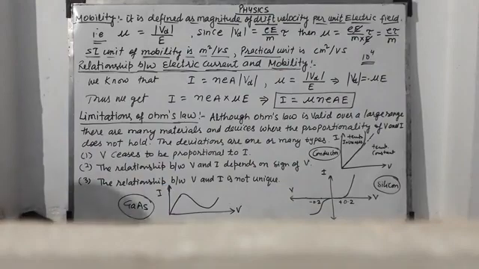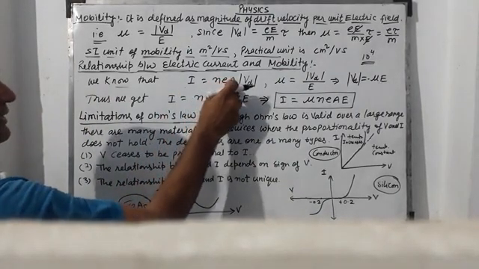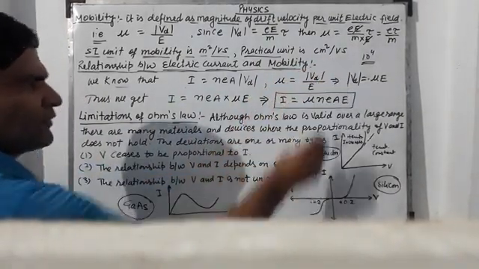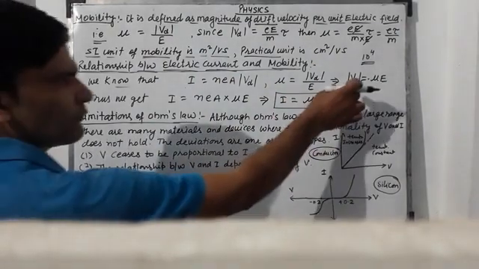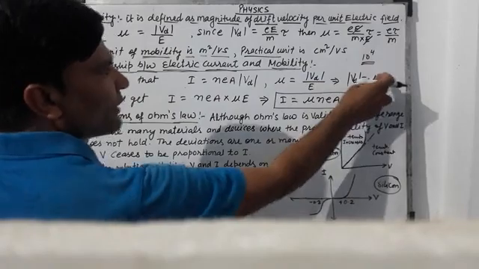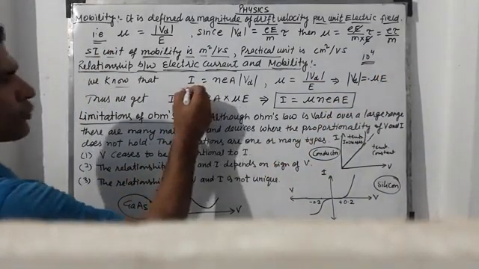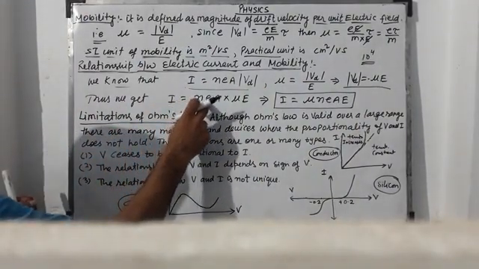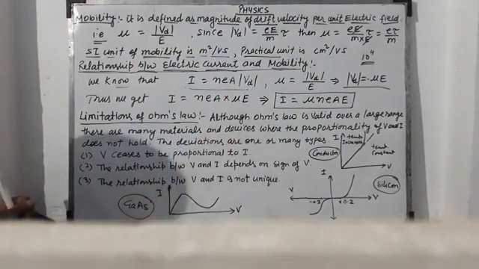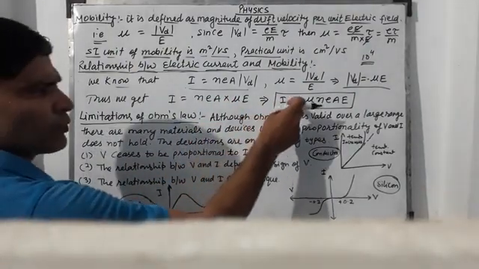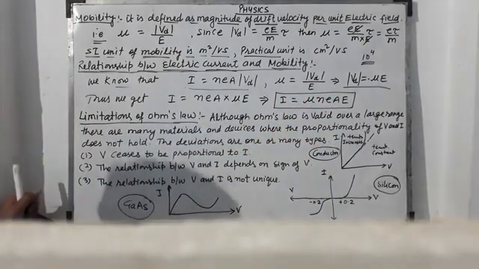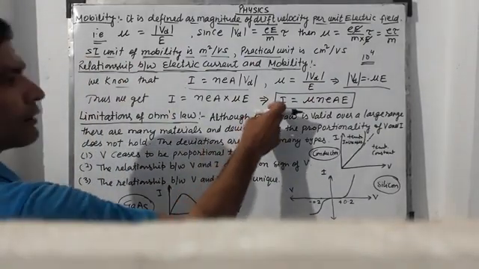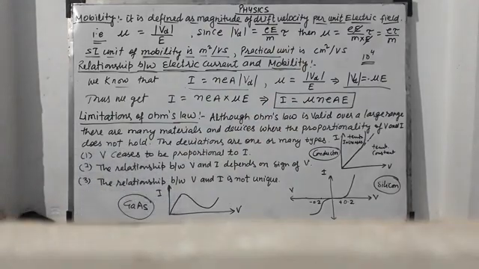As we know, I is equal to N e A Vd in magnitude, and mu is equal to Vd upon E, so we get Vd is equal to mu E. From this we get I is equal to N e A into mu E. So I is equal to mu N e A capital E. This is the relationship between electric current and mobility.